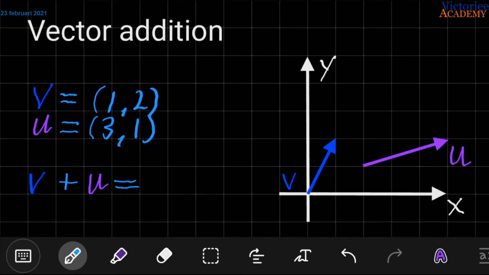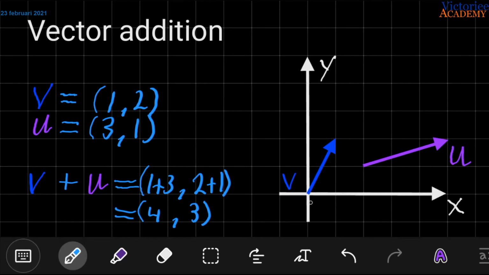But now we want to do addition between the vectors v and u, this here. We can do it immediately algebraically now when we have the coordinates. And this will be, you just add them by their components. So these are the x components and these are the y components. So the addition here equals the vector 1 plus 3, and for the y coordinates, 2 plus 1, resulting in the following vector 4, 3.